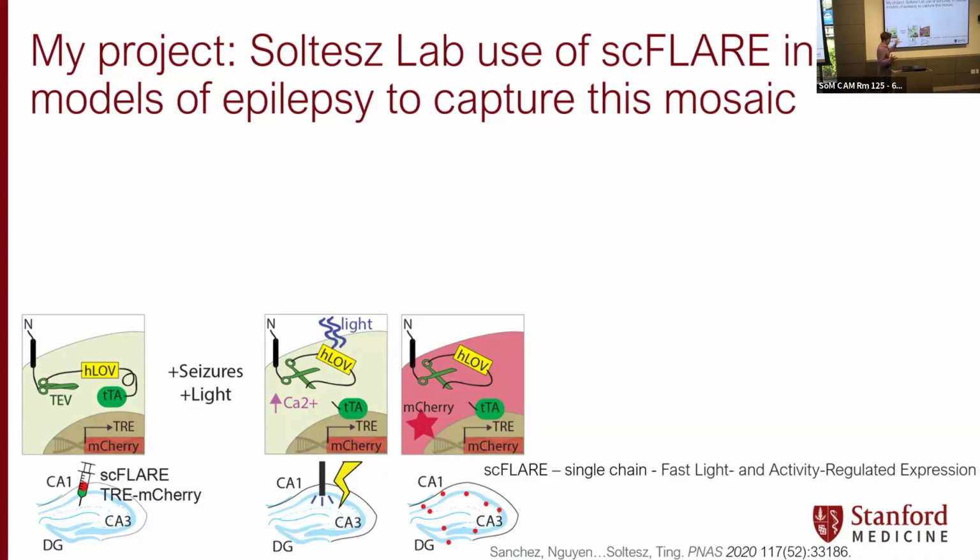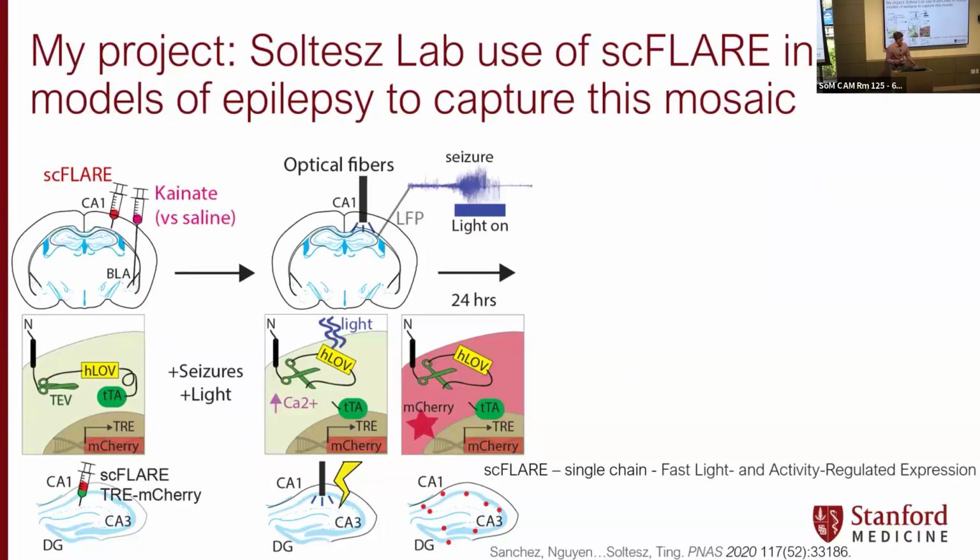Roughly, you have a calcium-sensitive protease, the scissors here, and then you have a light-sensitive LOV domain. With calcium and with light, you permit a transcription factor into the nucleus, and it transcribes, in this case, a red fluorescent protein. So at the end of all that, you get a bunch of red dots.